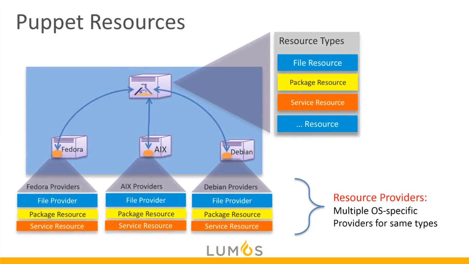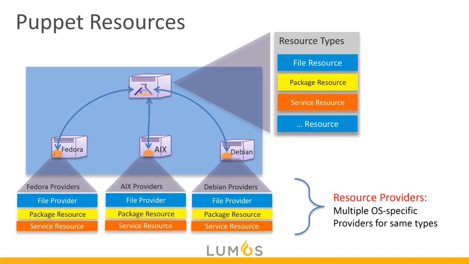So again, taking a little bit more of a look, we have, for instance, here the Puppet master, and we have various hosts or VMs. For instance, Fedora Linux, we have HP AIX, we have a Debian-based Linux, and here on our Puppet master, we see various resource types, such as a file resource, a package or binary resource, a various service resource, or whatever resources we have defined.